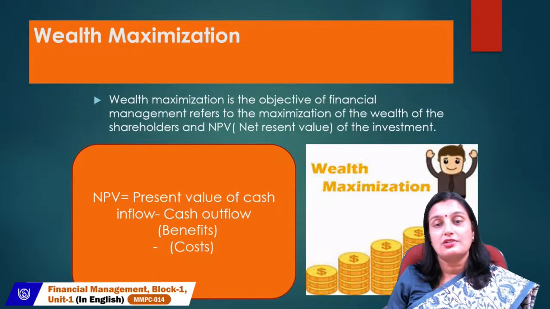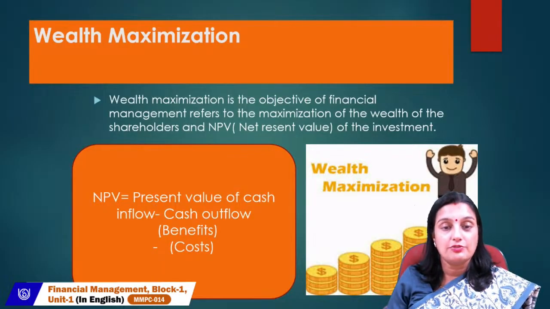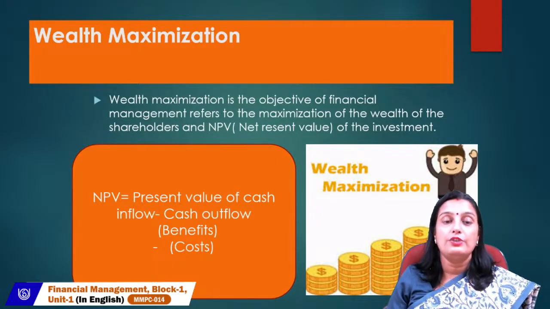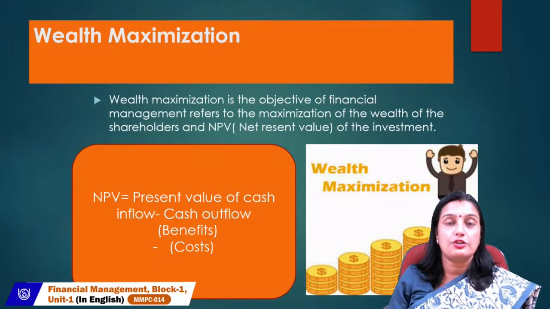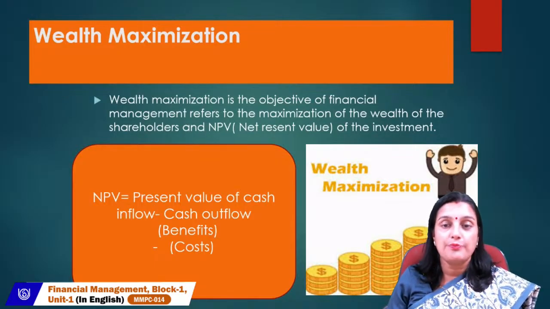Wealth maximization, as an objective of financial management, refers to the maximization of the wealth of the shareholders, and NPV. What do you mean by NPV? Net present value of the investment. When we are investing today and getting a return in future, the difference between the initial investment and the future return, as per the analysis of time value of money, must be positive.